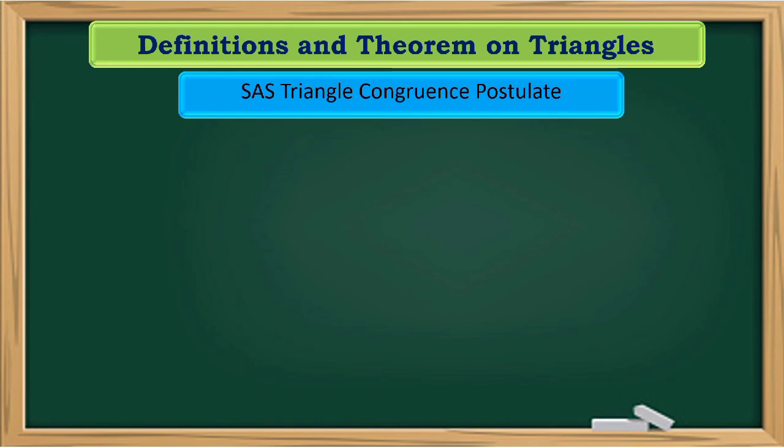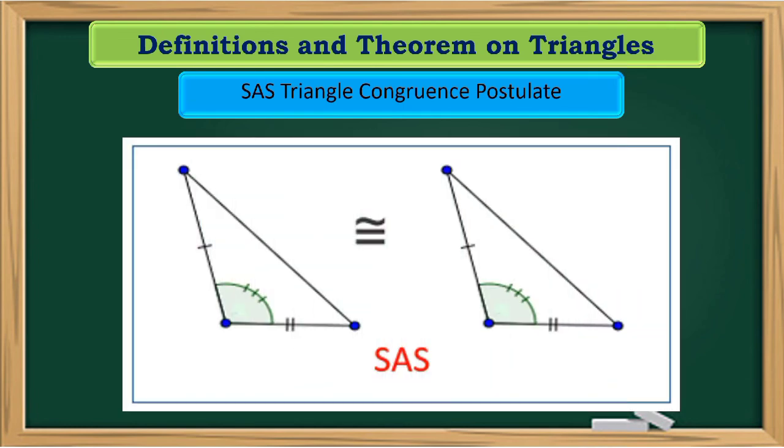Next is the SAS triangle congruence postulate, or the side angle side postulate. We have here another two triangles. As you can see, two of its sides are congruent to the other triangle, and an angle.